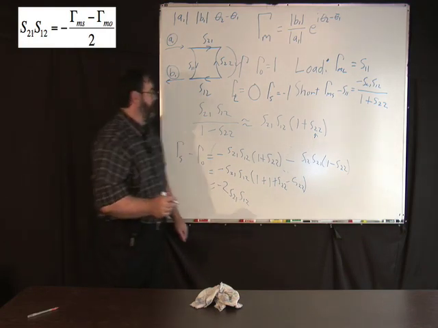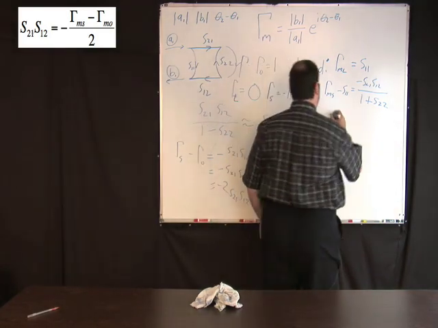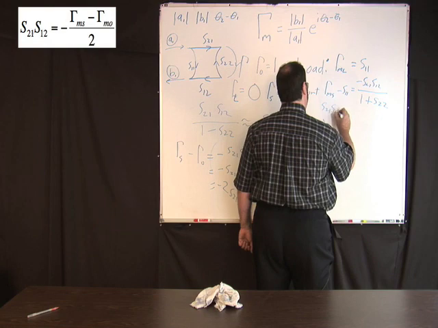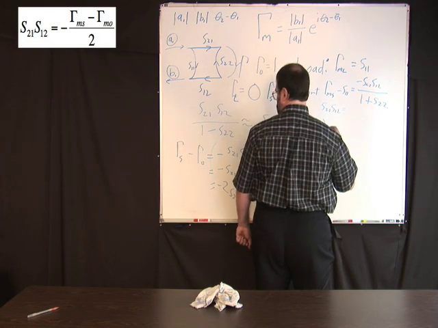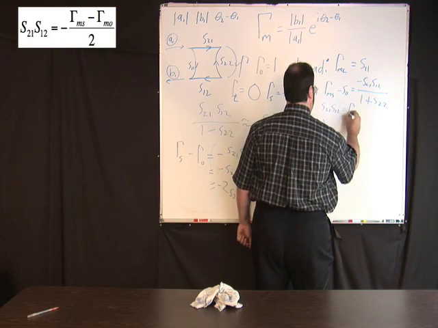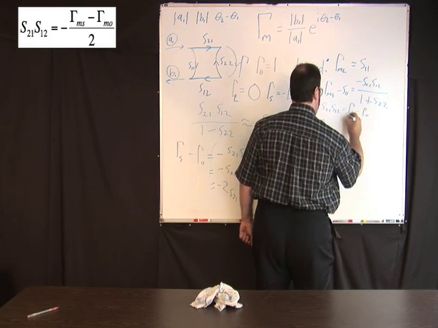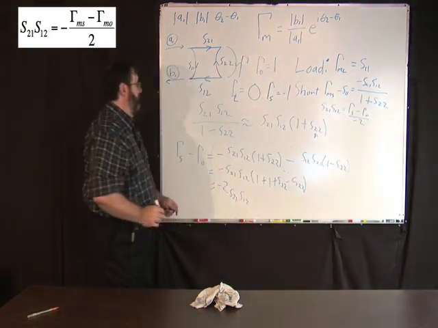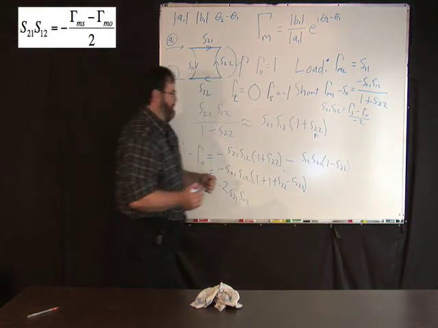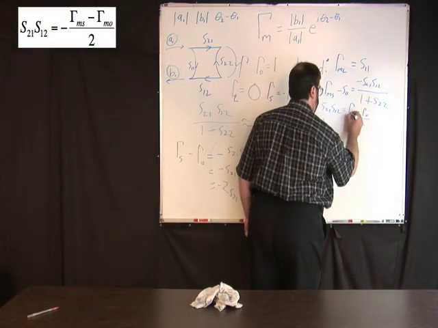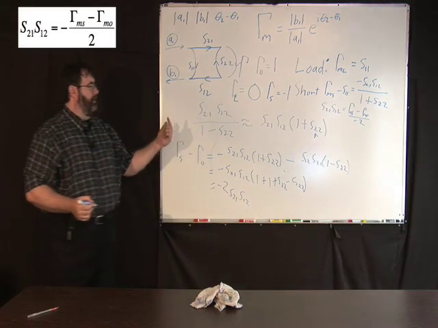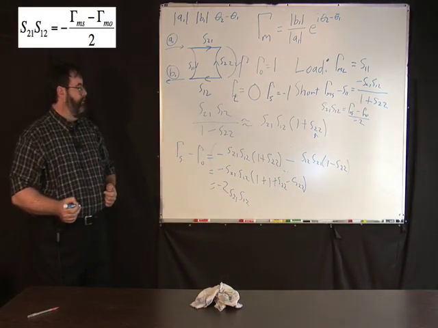So from all that, we can get approximately S21 S12 equals the gamma short minus gamma open over -2. Oh, I should say measured, right? Measured. Okay. So just by taking the difference of that, you've got the loss terms.